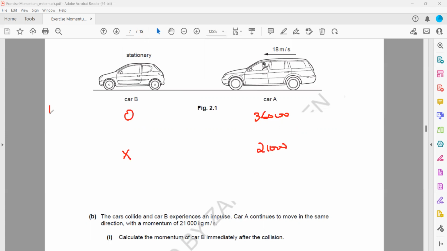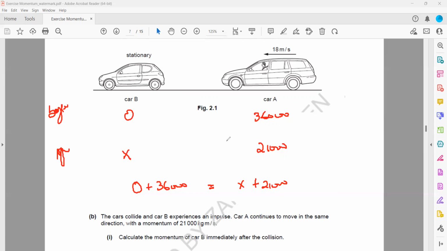We know the total momentum before and the total momentum after must be the same. So it will be 0 plus 36,000, because this time we need the momentum only, not the mass, not the speed, the product. So 0 plus 36,000 equals x plus 21,000, because they mentioned the momentum of A after is 21,000.